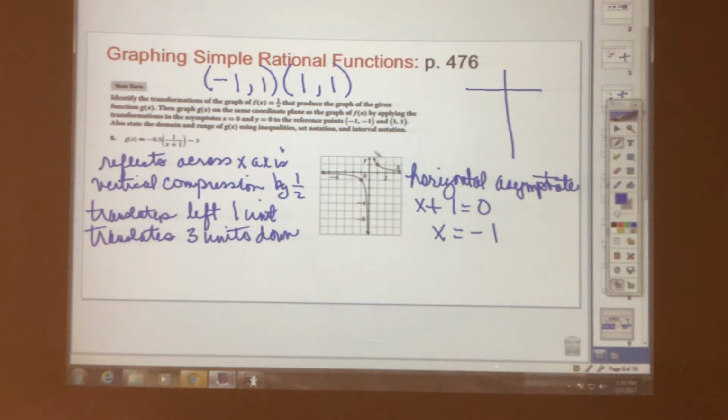That is my horizontal. I just lied. That is my vertical. I'm sorry. Vertical asymptote. So at -1, I'm going to have a dotted line at -1. That is going to be a vertical asymptote. My graph will never touch that.